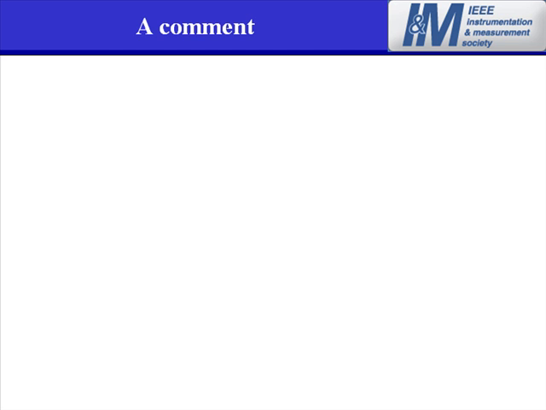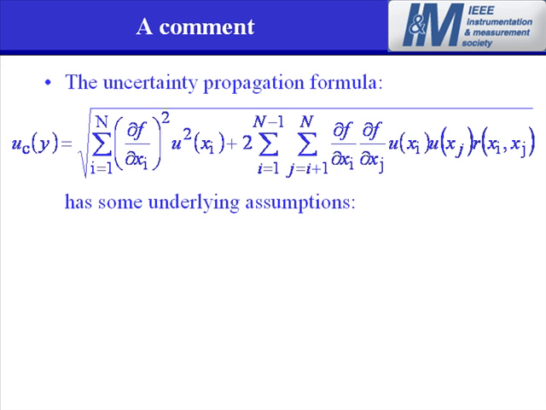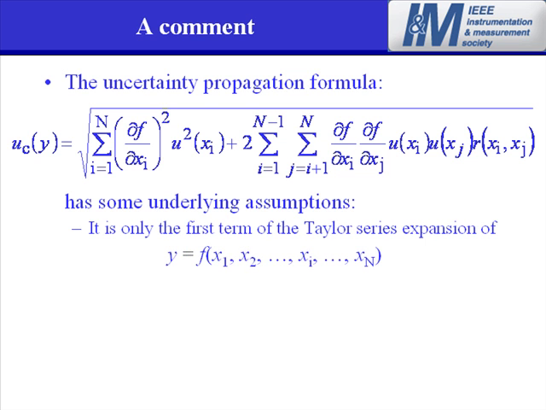However, the definition of the combined standard uncertainty has some underlying assumptions that must be considered to avoid big mistakes. So, here is the formula again. And do you know how it has been derived? I have not said this yet. Let's see. It's simple.